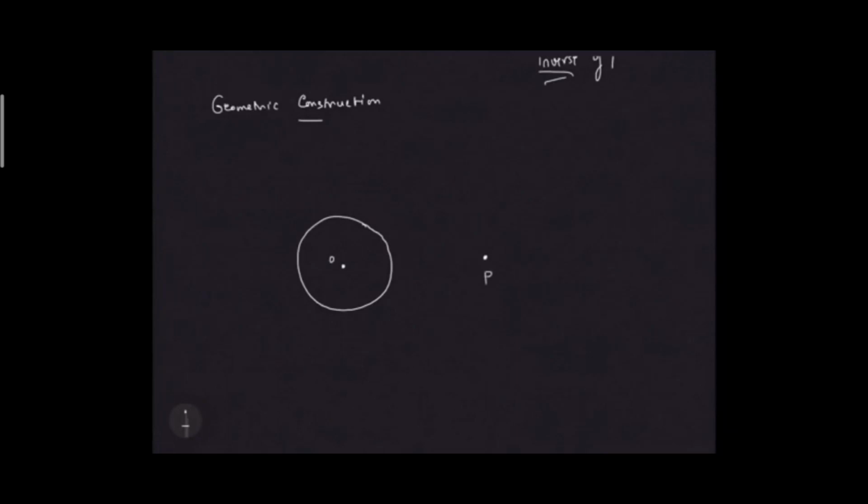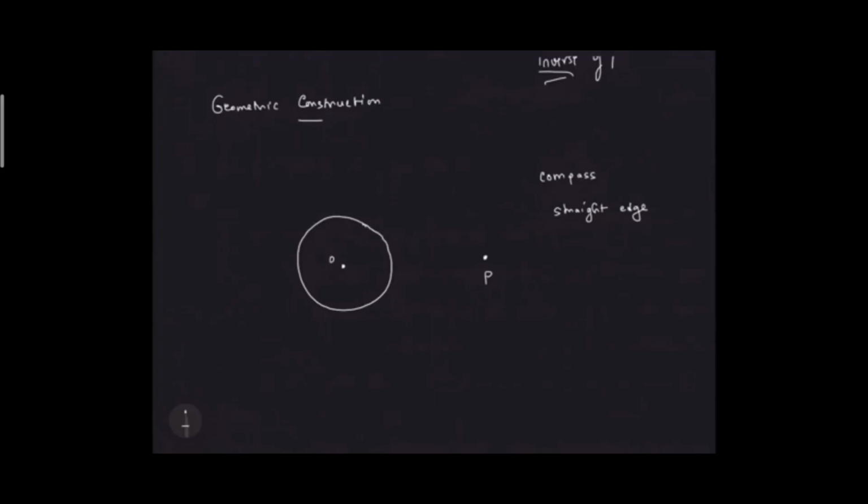So this is the circle. Let's suppose this point is the center, and we are trying to find the inverse of the point P. We are allowed to use only two things, compass and straight edge. So the question is, how can we do it?